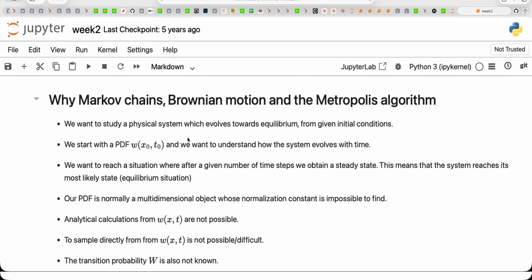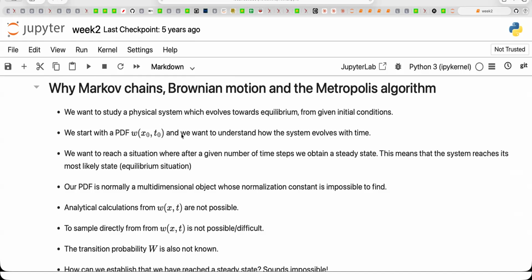A Markov chain, I should also say, from an overarching point of view, if you think of Schrödinger's equation, if you translate that into imaginary time, Schrödinger's equation is a diffusion equation in imaginary time.